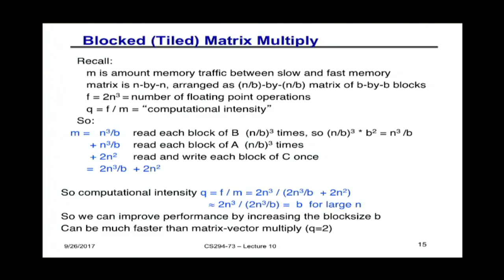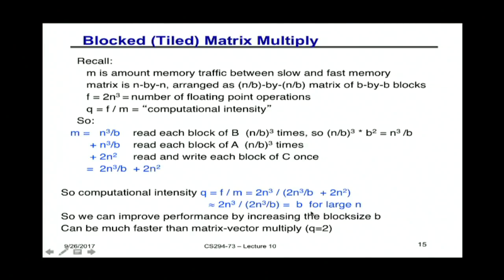That is better than n cubed. That's what happens for the B matrix, and similarly for A and C. In the end, you get a factor of b better in the q ratio.